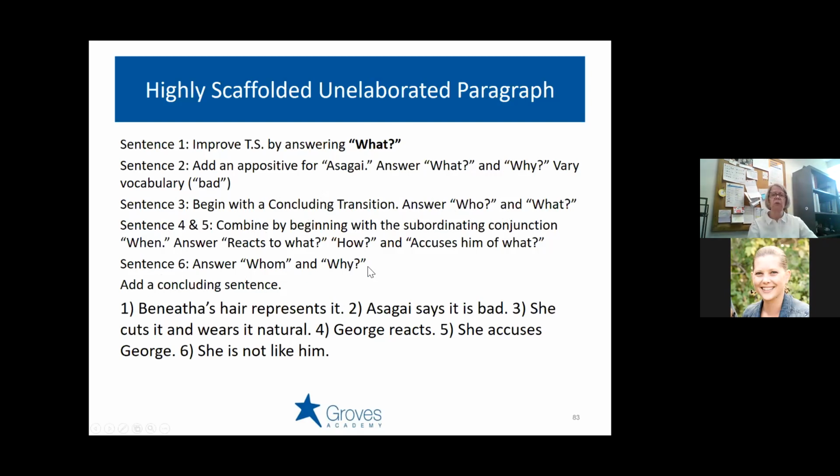Sentence 6, answer whom and why, and add a concluding sentence. Very specific. The student has worked up to this, should understand what all those things mean, and then do it. Although, of course, I would probably do something simpler than that with beginning writers, but I would still do it.